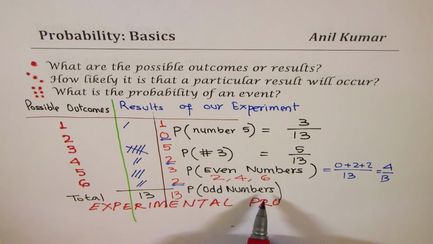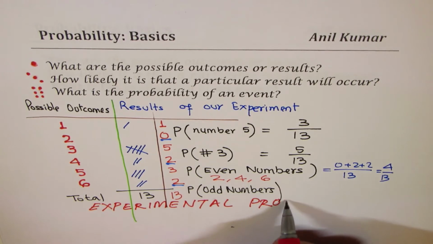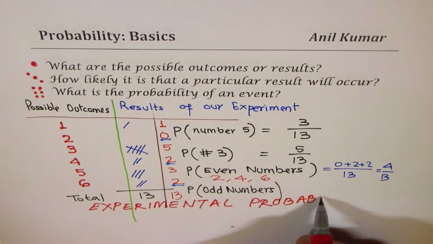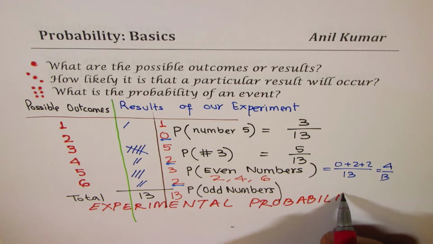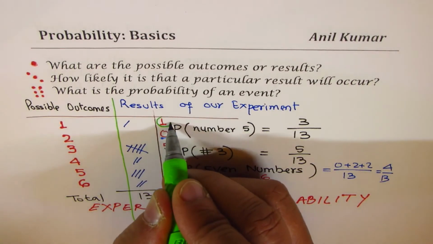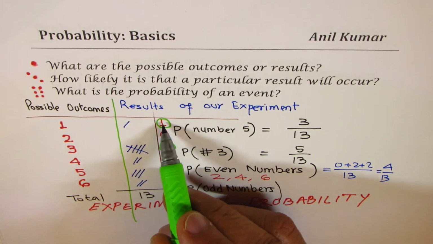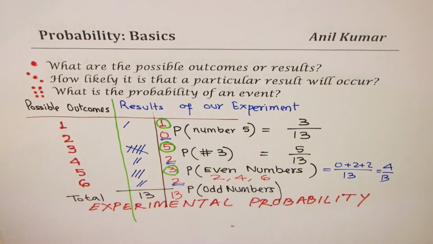Now still you have to answer this question. Probability of getting the odd numbers in this game which I played. Experimental probability. Well, one way could be that you could add all the odd numbers, correct? You could add all these odd numbers, so that is 1 plus 5 plus 3 and get your result.